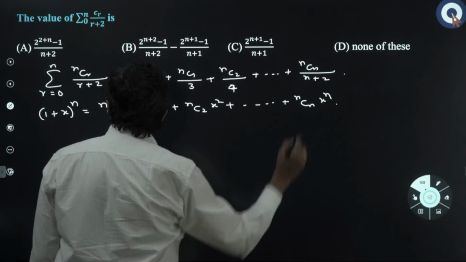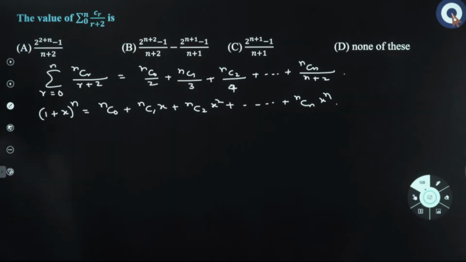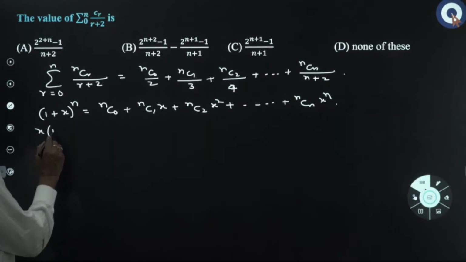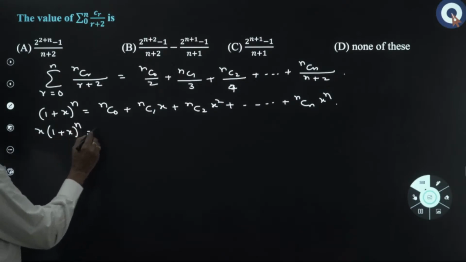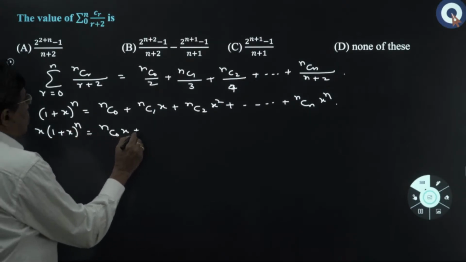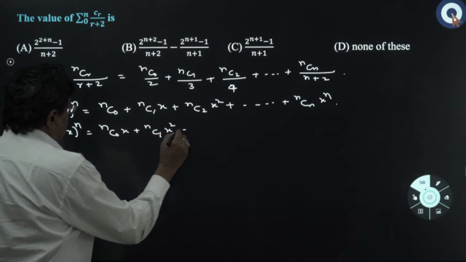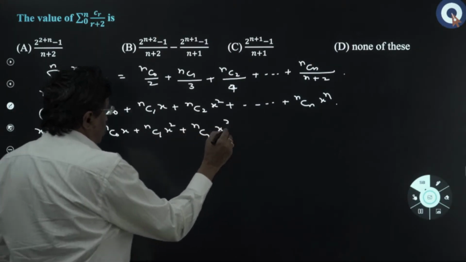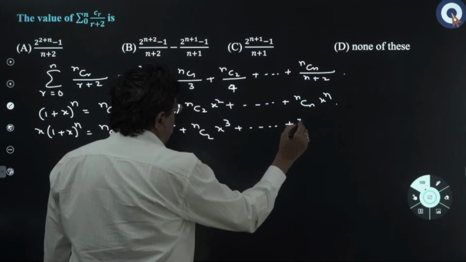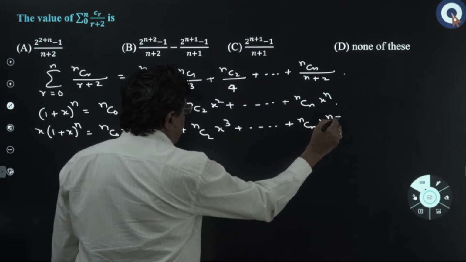Now I will multiply throughout with x. So x into (1 plus x) whole power n is nC0 x plus nC1 x square plus nC2 x cube and so on plus nCn x power of n plus 1.